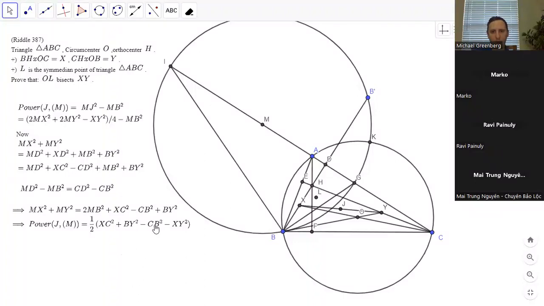So CB we can ignore, XY we can ignore. We need to see that XC squared. No, aren't we fine here? Because this is symmetric with respect to everything. I think this solves it. If this is true, everything here is symmetric. Right? Yeah. Okay, so this solves it.